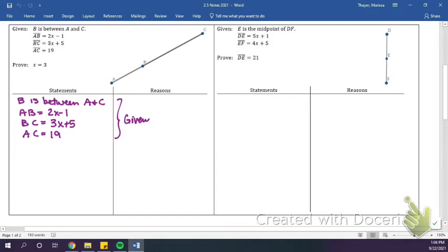Our job is to set something up to be able to show that x equals 3. We don't know x equals 3, that's just where we're headed. They gave us that B is between A and C. We can set up segment addition where AB plus BC equals AC.